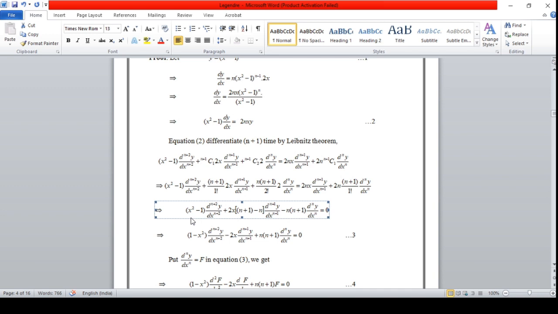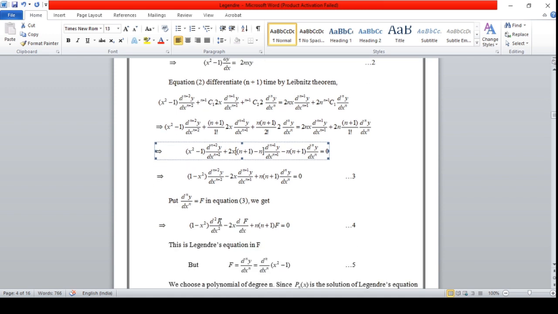This implies, converting x squared minus 1 into 1 minus x squared with a sign change, (1 minus x squared) d^(n+2) y upon dx^(n+2) minus 2x d^(n+1) y upon dx^(n+1) plus n(n+1) d^n y upon dx^n is equal to 0. This is equation third.